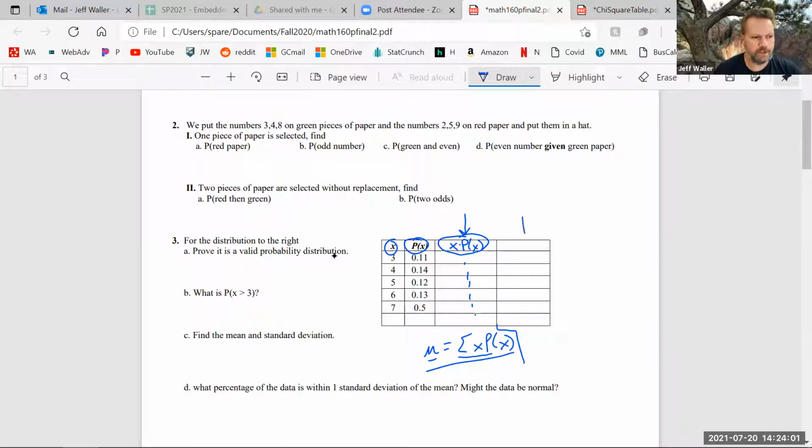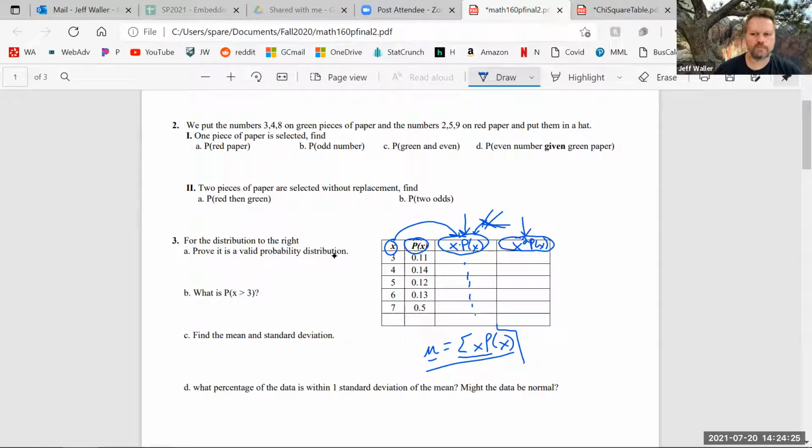Does anyone remember what goes here? Is that the squared version? The XP of X squared? No. X squared P of X. Don't just square this column. You do X, you can do L1 times L3. Could you also do the X minus mu squared times P of X?